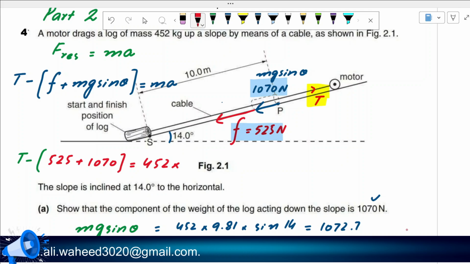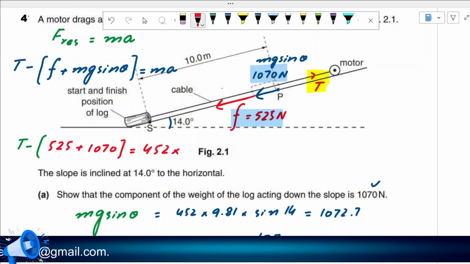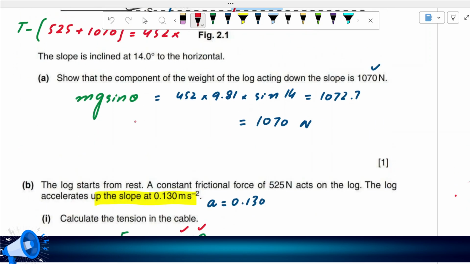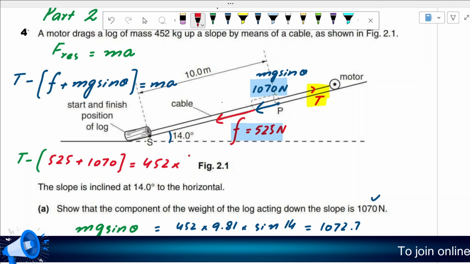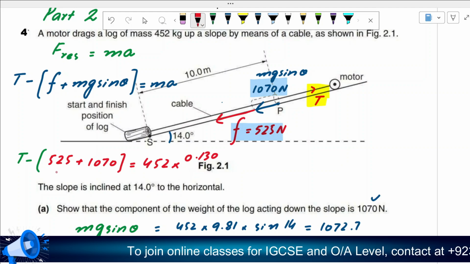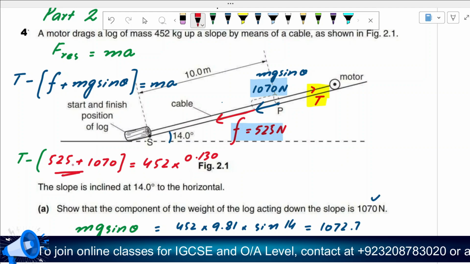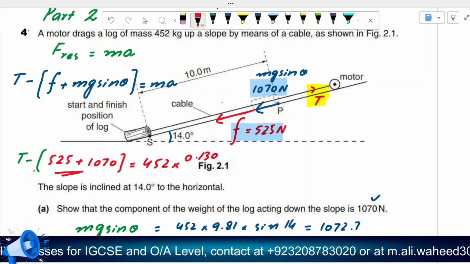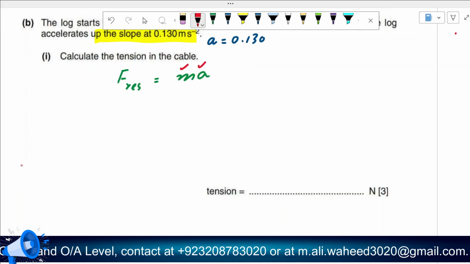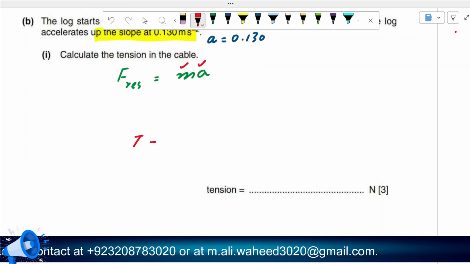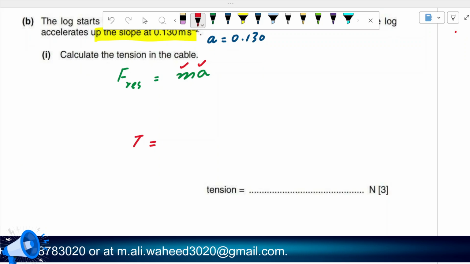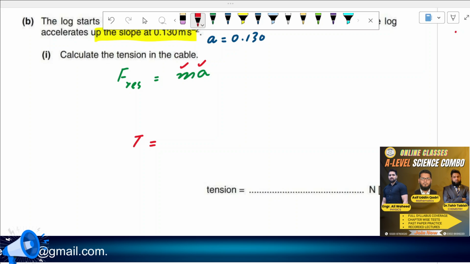So the acceleration is, as a matter of fact, given in the question itself, 0.130. So we solve the right side. We add these two. This thing is being subtracted on the left side. On the right side, all of it would be added. And if you solve for the value of tension, you can do the mathematics from here. The value of tension in 3SF would be 1650.